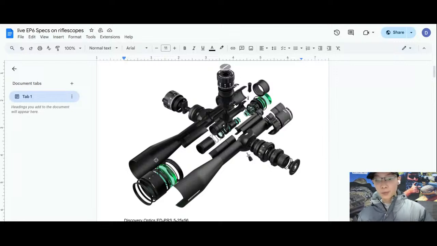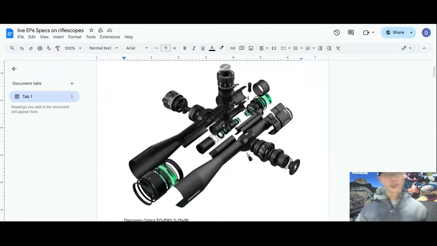I think next time I'm going to cover some misconceptions about the specifications on the rifle scope. For example, the light transmission. Some scopes claim 92 or 91% light transmission, but the percentage itself does not show how good the image looks. One scope can have 90% light transmission and look brighter to your eyes than another scope with 90% light transmission.